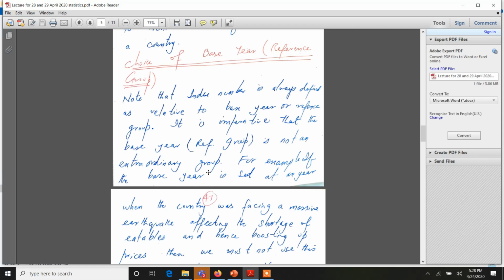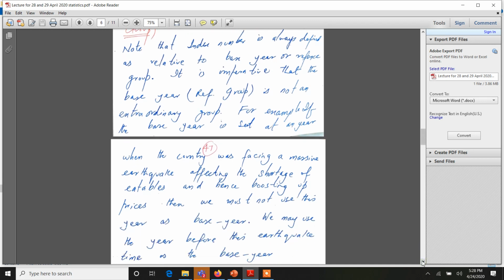For example, if the base year is set as a year where the country was facing a massive earthquake, causing a shortage of eatables and hence boosting up the prices, then we must not use that year as the base year. In simple words, just focus on one thing: the base year should be a normal year.